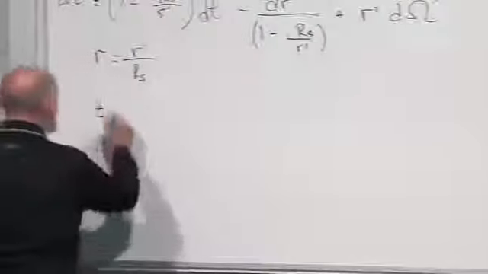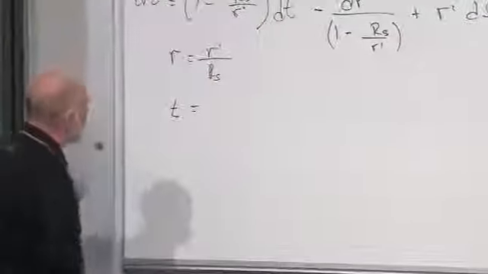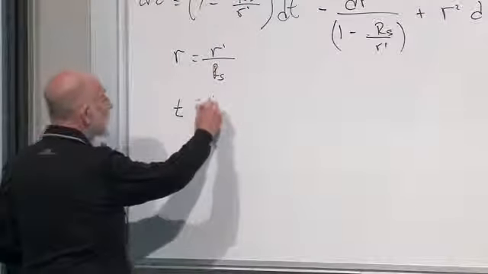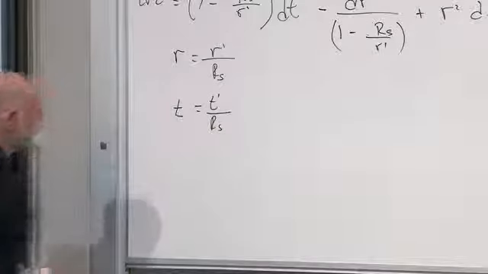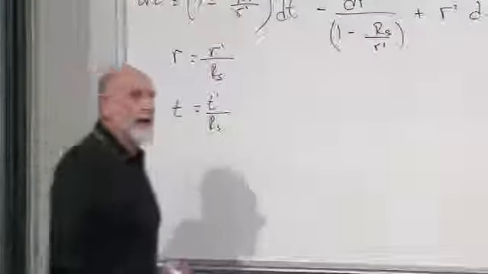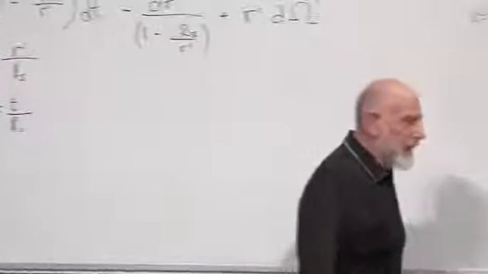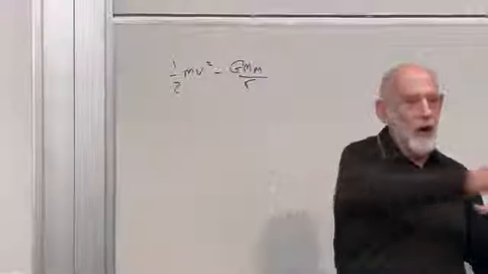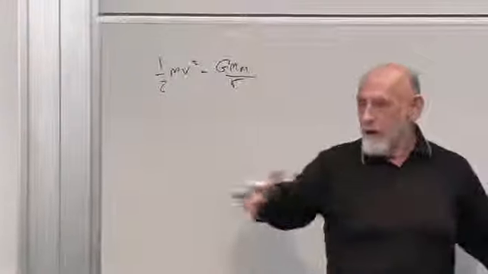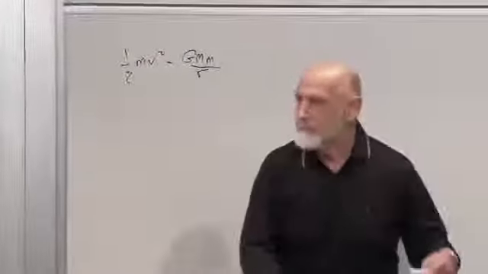I also want to turn t into something dimensionless, so I'm going to do the same thing, t prime divided by the same r Schwarzschild. R Schwarzschild is both a distance and a time. If you want to know in what sense it's a time, it's just the time that it takes a light ray to go the distance of one Schwarzschild radius.